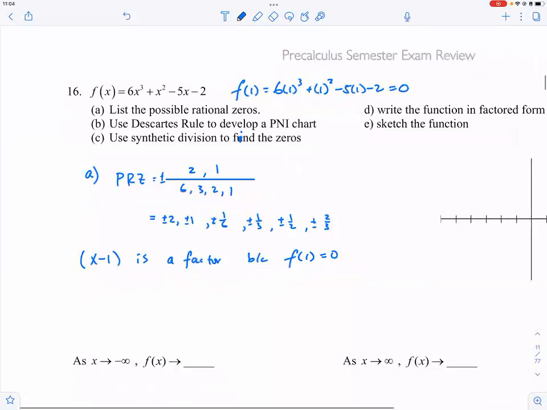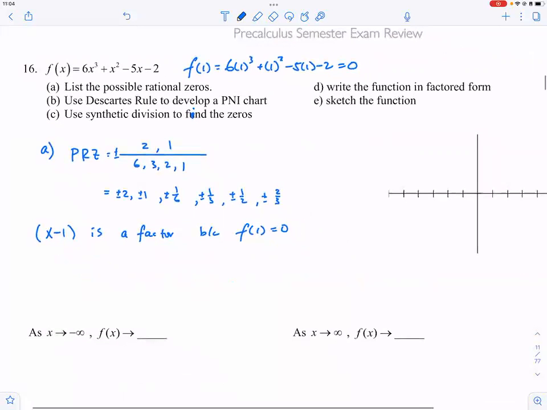Okay. Now, let me go ahead and also do the PNI chart as well. I got too excited about the zeros. For the PNI chart, I have to find f of negative x. So the sign would change if the power is odd. The sign would remain the same if the power is even, because negative times negative is still positive.